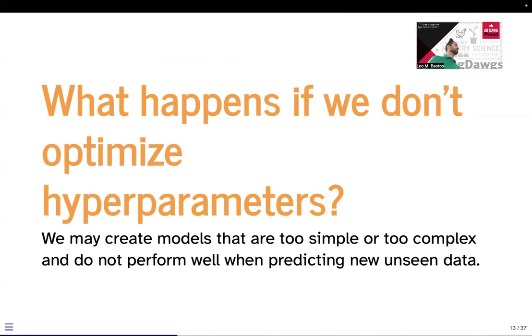You're just running a machine learning algorithm, but you're not really training it properly for prediction, which is what machine learning is all about. So if we don't optimize hyperparameters, we may create models that are either too simple or too complex, and because of that, they do not perform well when predicting new unseen data. So optimizing hyperparameters is key in machine learning. We're going to talk a little bit more about how to do that and some of the things to keep in mind when doing it.